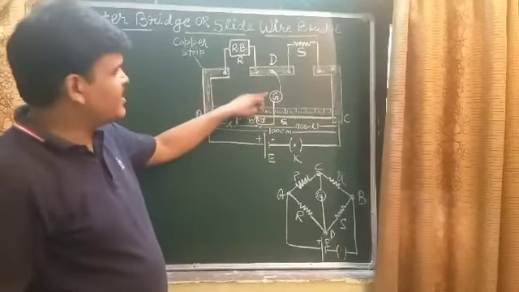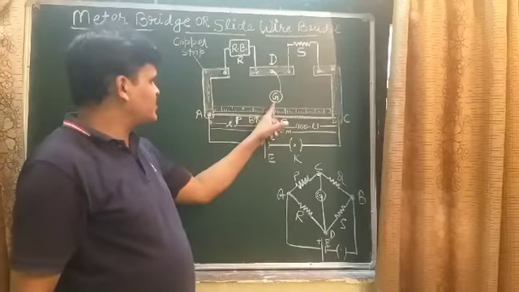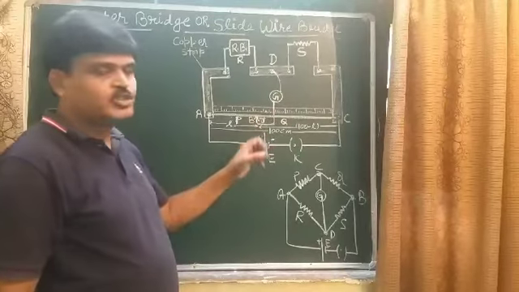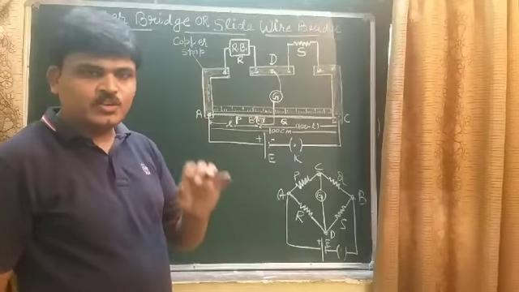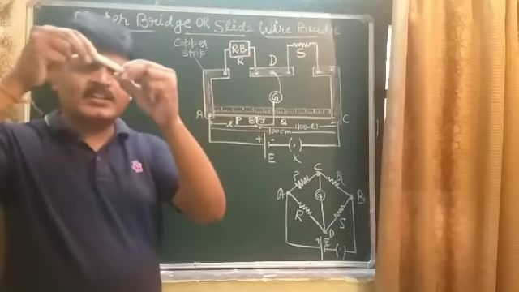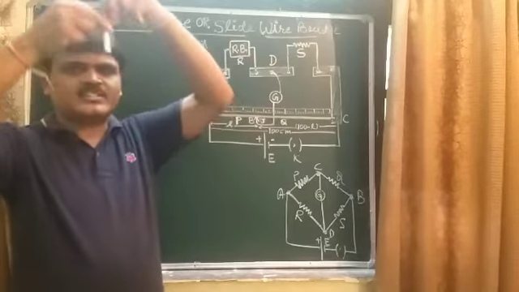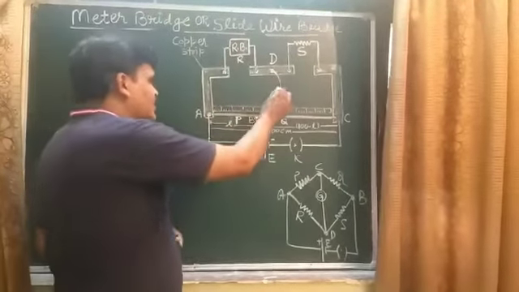A galvanometer: one point of the galvanometer is connected with a jockey. This jockey is of this shape, with a metallic pointed end, and a wire connection is also made.